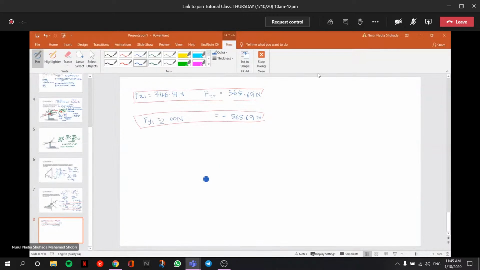So this is the value that we got just now. If we add up the x forces along the x-axis together, that would be equal to the resultant force value in the x direction. Okay.